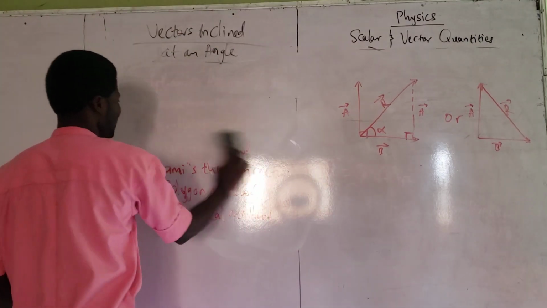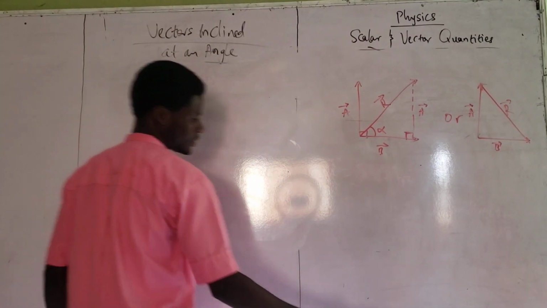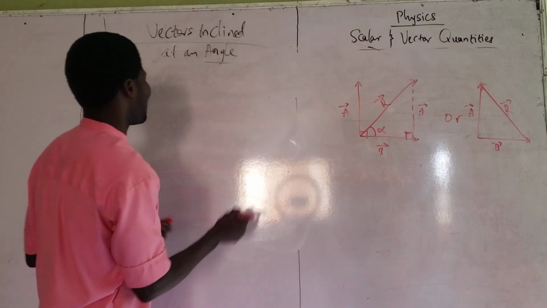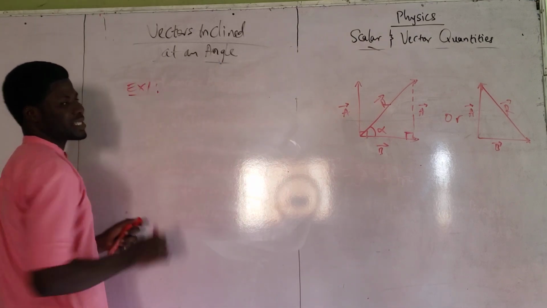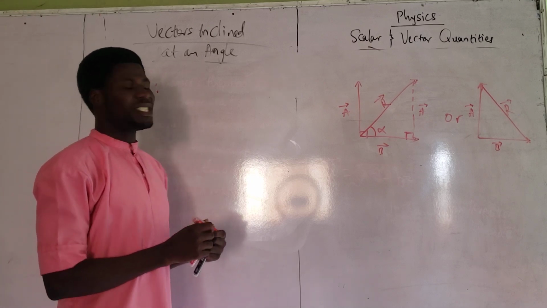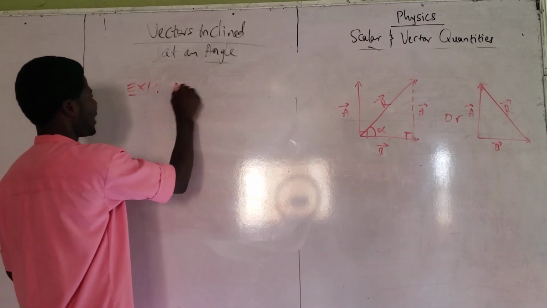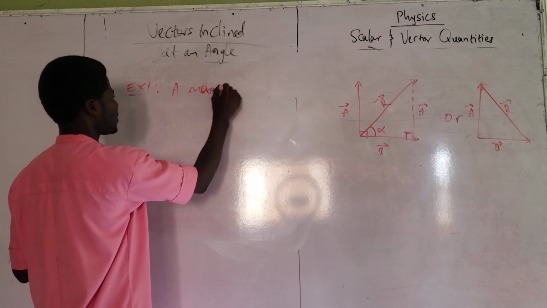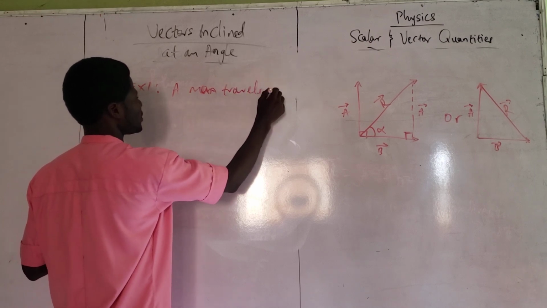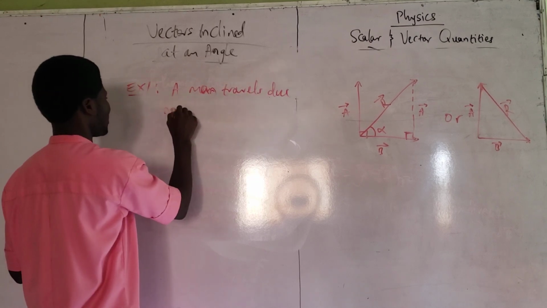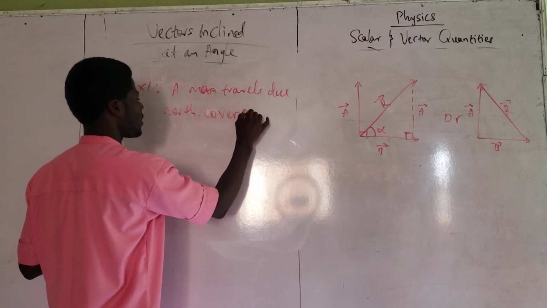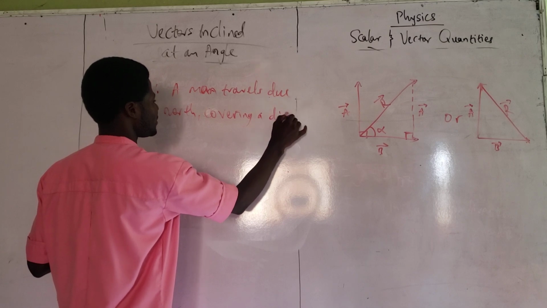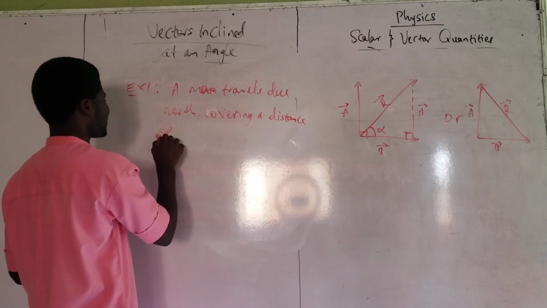Example 1. Let's say a man travels due north, covering a distance of 3 kilometers.